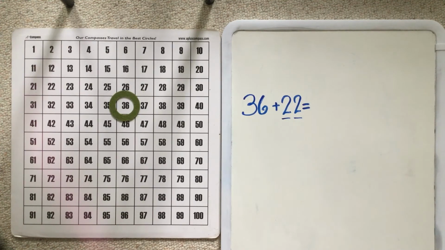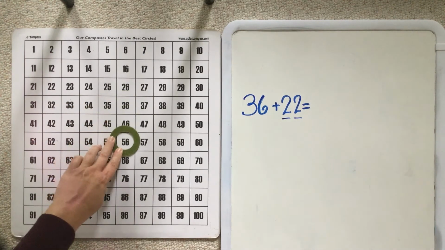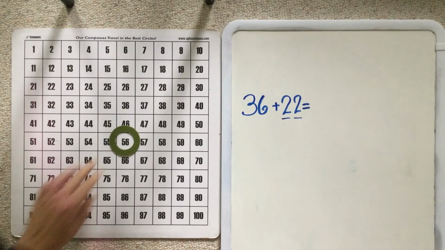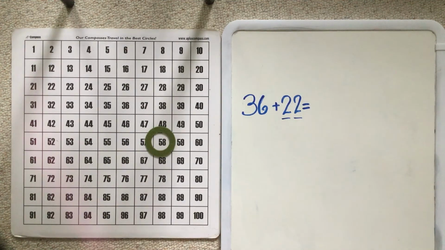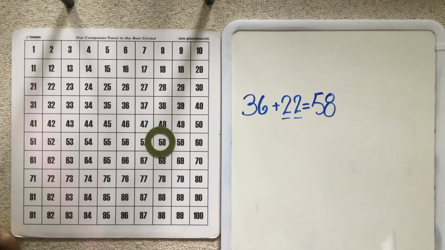I think this time I'll count on my 10s first. There are 2 tens in 22, so I'll add on 2 tens: 10, 20. And then I need to count on my 2 more 1s: 21, 22. When I count it that way, I see that 36 plus 22 is 58.